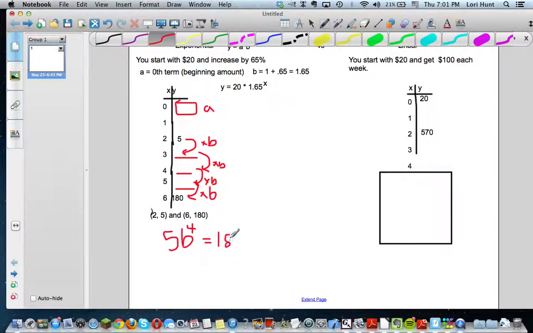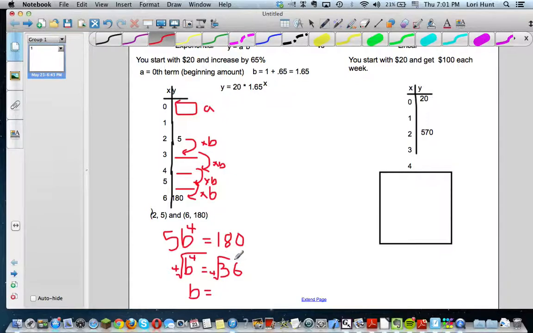Now I just solve that for b. Of course I would take 180 and divide that by 5. 5 goes into 18 3 times and into 30 6 times. So it must be b to the 4th equals 36. Then I would take the 4th root of both sides to figure out what plain old b was. So b is going to equal the fourth root of 36.